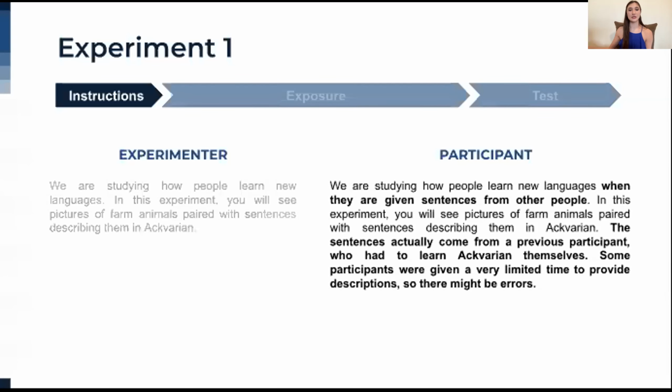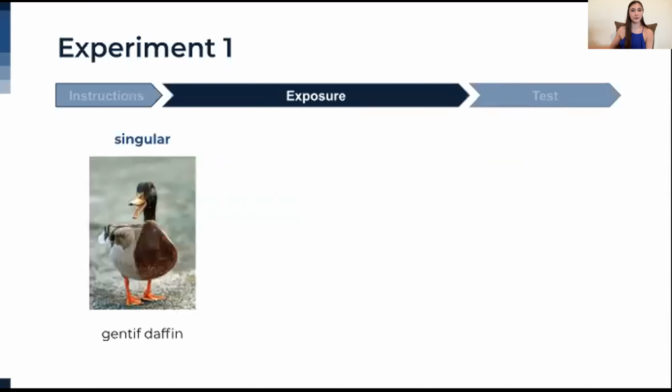In the participant condition, we alter these to say, we are studying how people learn new languages when they are given sentences from other people. In this experiment, you will see pictures of farm animals paired with sentences describing them in Octarian. The sentences actually come from a previous participant who had to learn Octarian themselves. Some participants were given a very limited time to provide descriptions, so there might be errors.